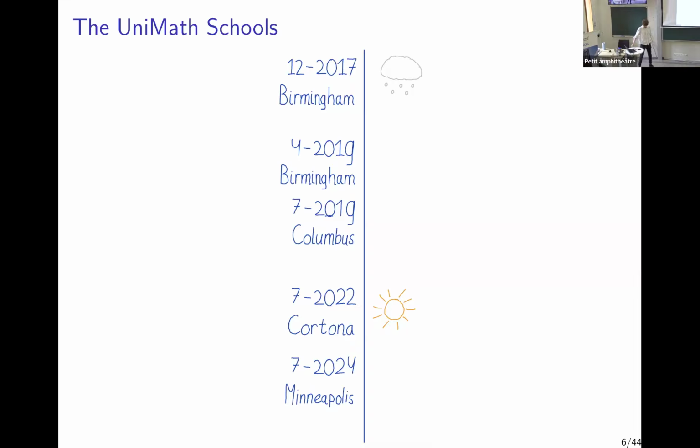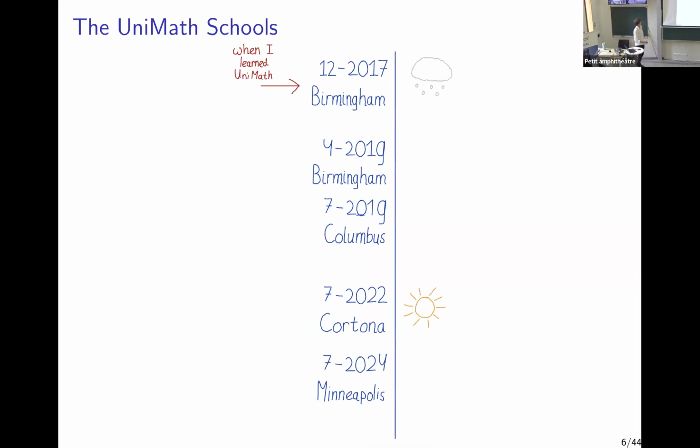And these schools are also the place where I got to know Unimod. So I joined the first school in 2017, and this is also the time when I learned it and got in contact with the people involved in Unimod. So that is basically an overview of the people behind Unimod.